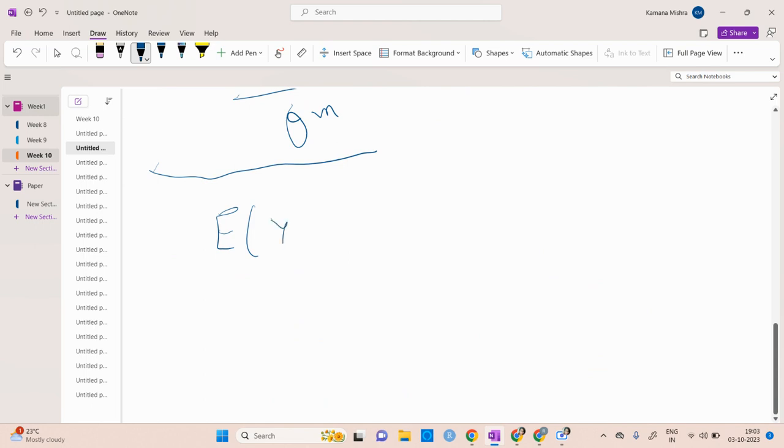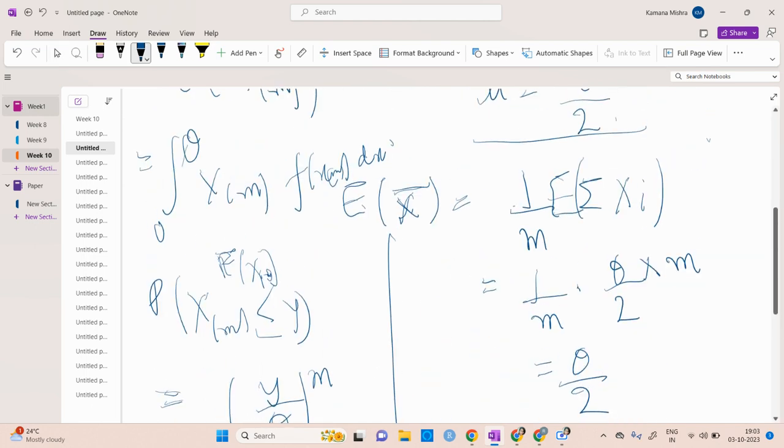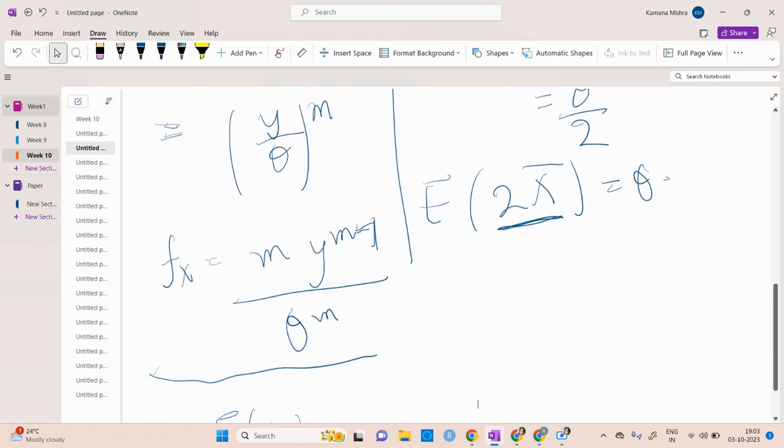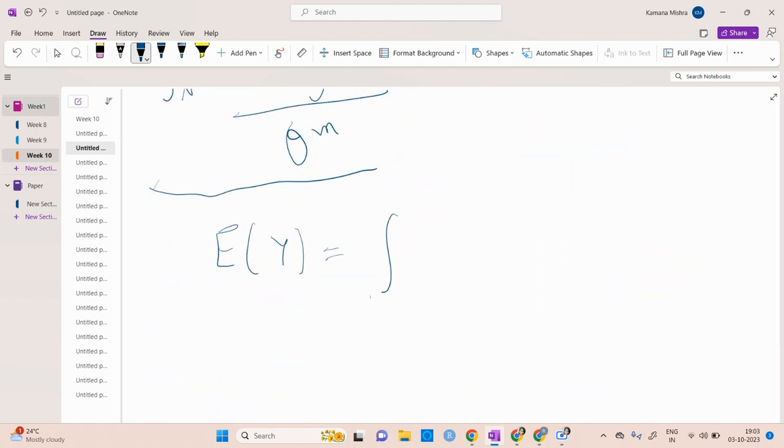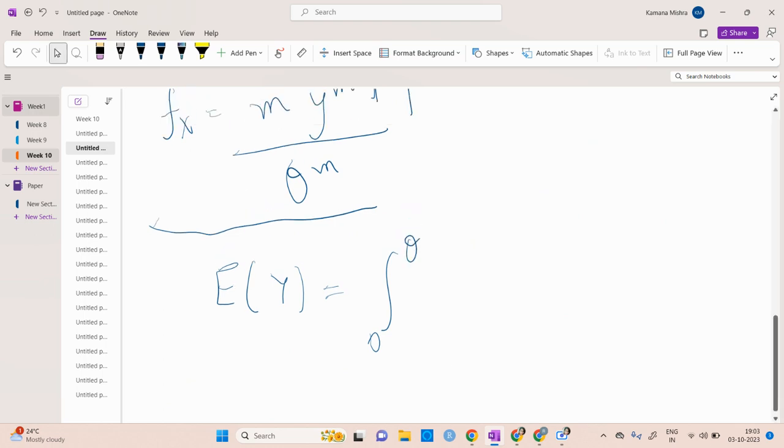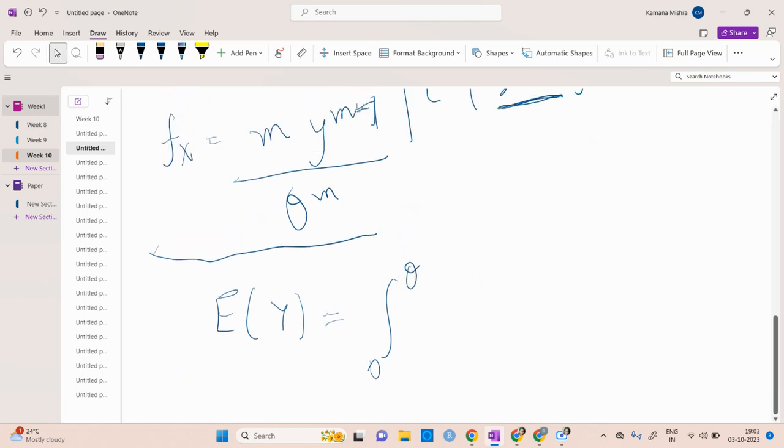So expectation of y, we are writing capital X as y. This will be the integral from 0 to theta. Now the limit will be the same, because xm is basically the maximum of the xi, right?